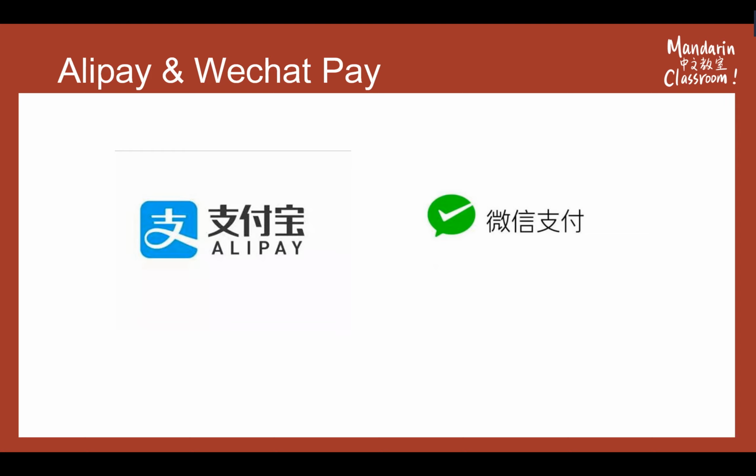With WeChat Pay, I usually send and receive red packets to or from my family or friends, and we usually use WeChat to communicate with others. For foreigners, Alipay only supports Chinese bank cards, but WeChat Pay could support Visa or Master credit cards. So that's a very brief introduction to Alipay and WeChat Pay.